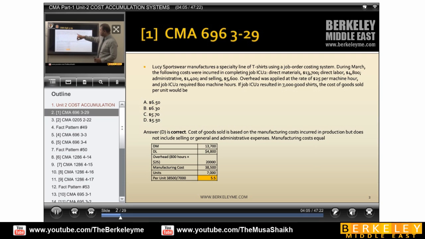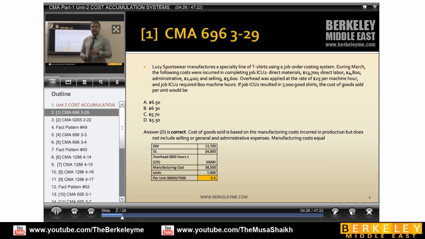So 800 times 25 will be our overheads. Now we have DM, we have DL and overheads. Added, this is the manufacturing cost. How many units did he make? 7,000. If you divide the cost by units, it will become the per unit cost.